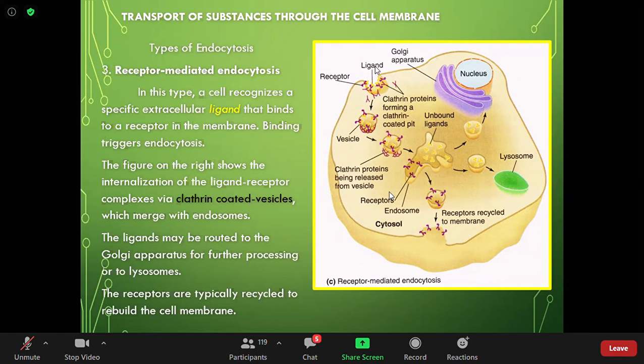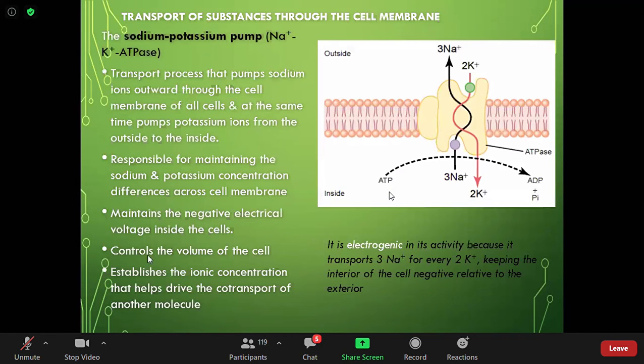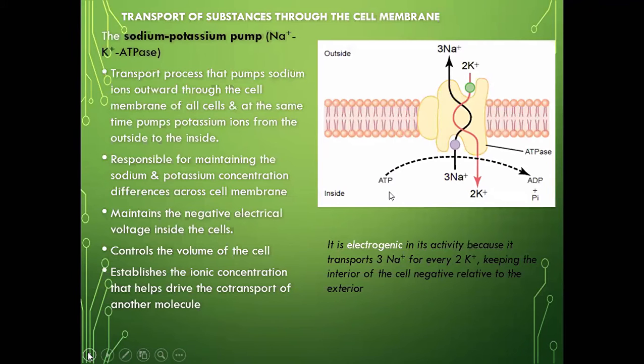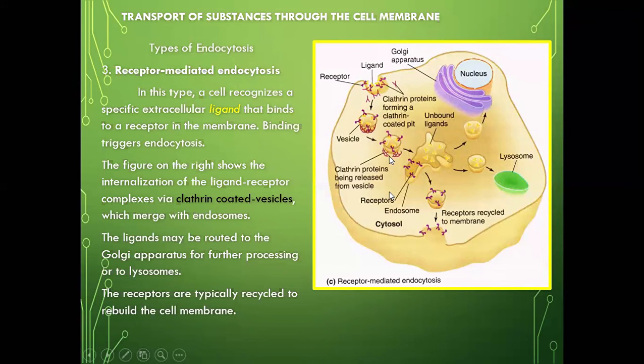So this will form a pit. And the ligand will bind to the receptor in the pocket. And then the vesicle is brought inside.